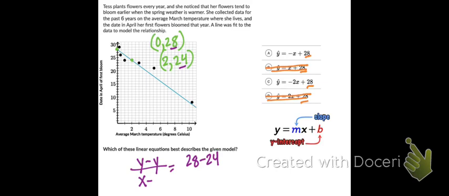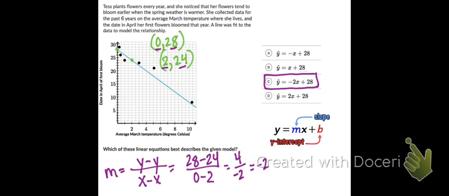And the denominator is the difference between our x coordinates, 0 minus 2. If we simplify that, we get 4 over negative 2, and 4 divided by negative 2 is negative 2. So our slope is negative 2, and our y-intercept is 28. So the answer here is C.